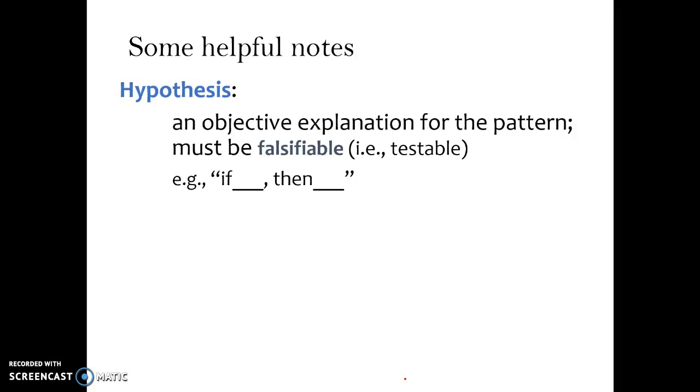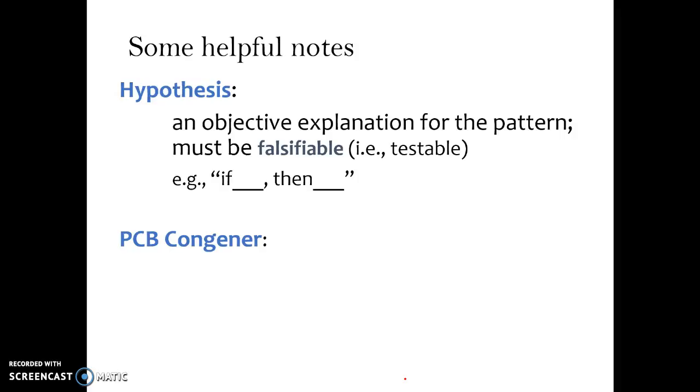A lot of hypotheses follow an if-then sort of format. So for instance, if DDT is the cause of low eagle population sizes, then we would expect individuals exposed to more DDT to have fewer offspring. Okay, so if one thing, then something else.